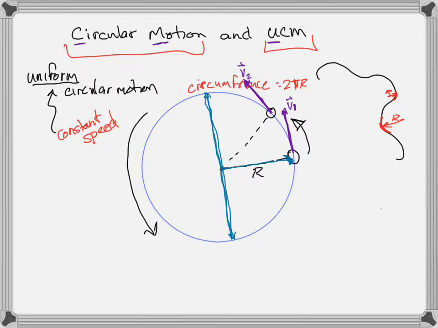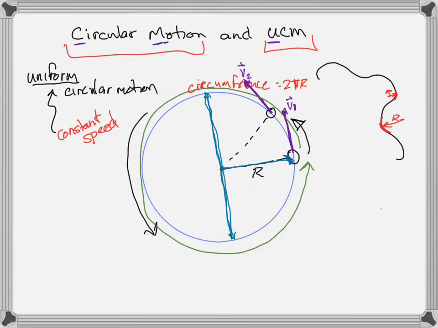Diameter, radius. What about the amount of time that it takes an object to go in a circle? So let's say that this object starts again from where you see it, and we go around the circle. We start the stopwatch, go, and we time how long it takes to go around the circle.